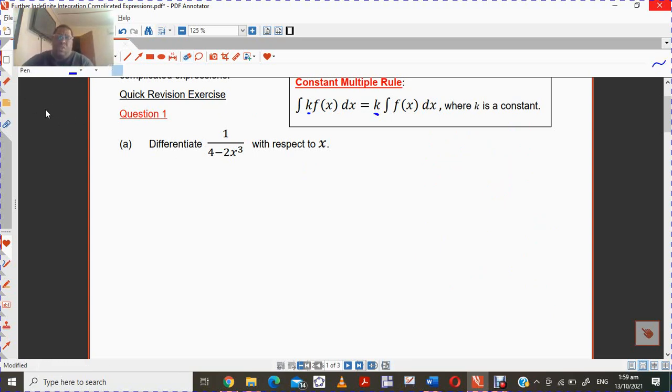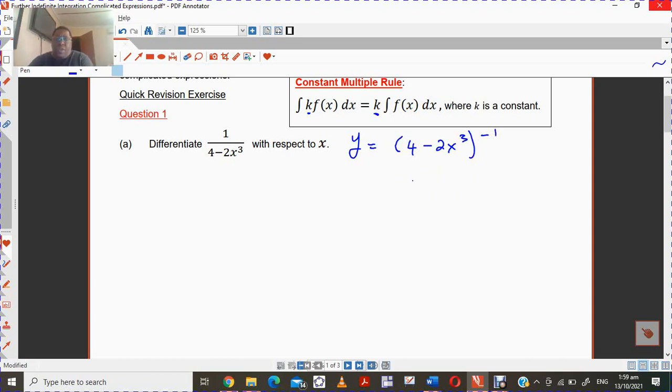So there are many ways you can do this. When I say many, I'm talking about the chain rule. But before we get to that, let's just say that y equals, okay, this can be written as 4 minus 2x cubed, raised to the power of -1. So this is how this can be written.